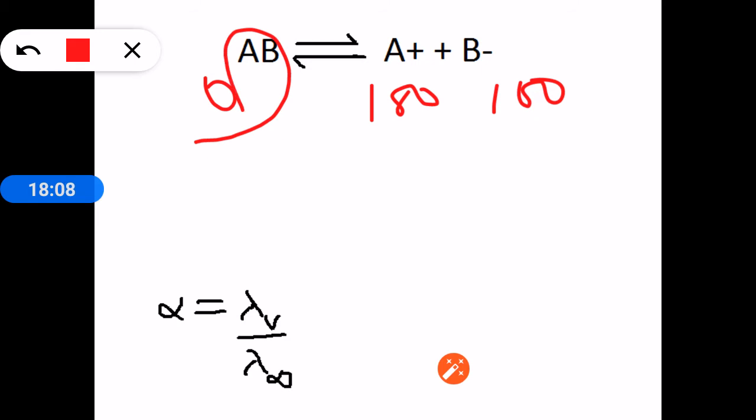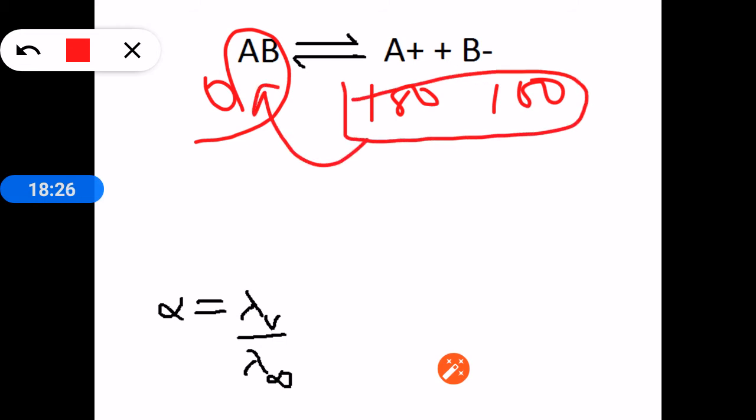So the number of A plus ions forming and B minus ions forming is equal to the total number of molecules present initially, and the conductance at this point, that is infinite dilution, is equal to the conductance of these total ions, which itself is proportional to the total number of molecules present in the solution. So at infinite dilution conductance is proportional to the number of molecules present. So the total number of molecules is proportional to lambda infinity. So alpha equals lambda V by lambda infinity.